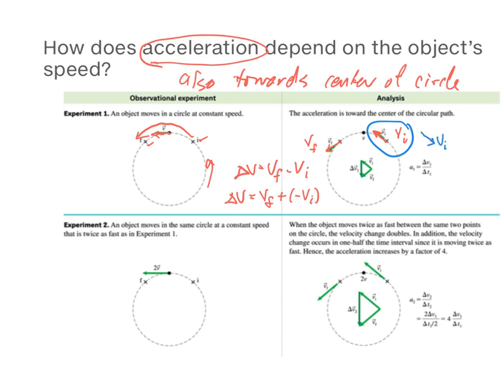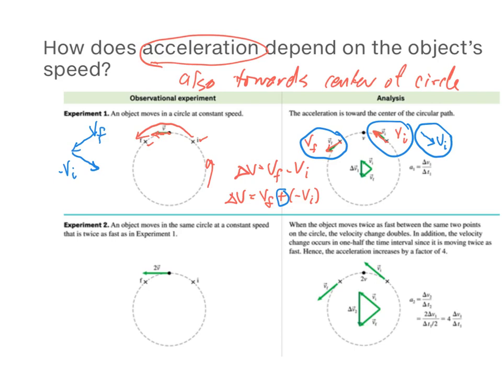So remember how we add vectors? When we're adding one vector to another, we do it tip to tail. So I'm going to add this vector to the opposite of the first one, which is this one. I'm going to add them tip to tail. I'll do it over here on the left. So I've got VF plus a negative VI. A negative VI goes like that.